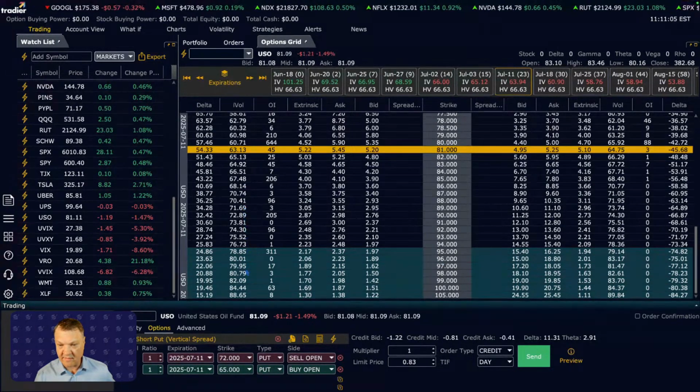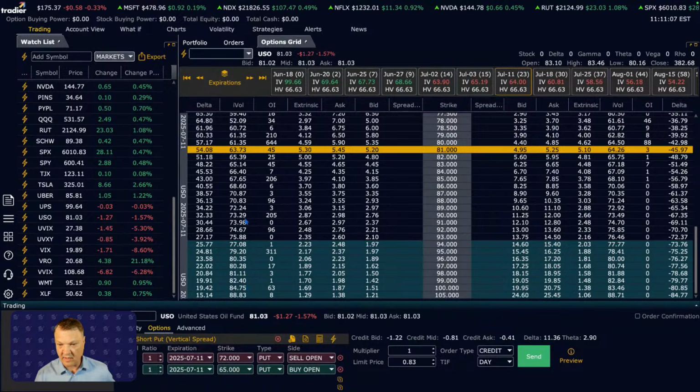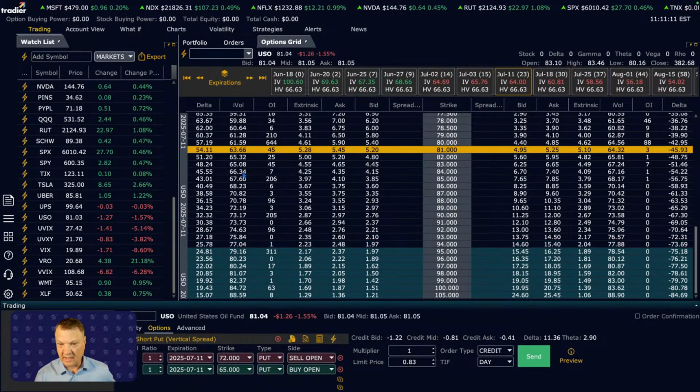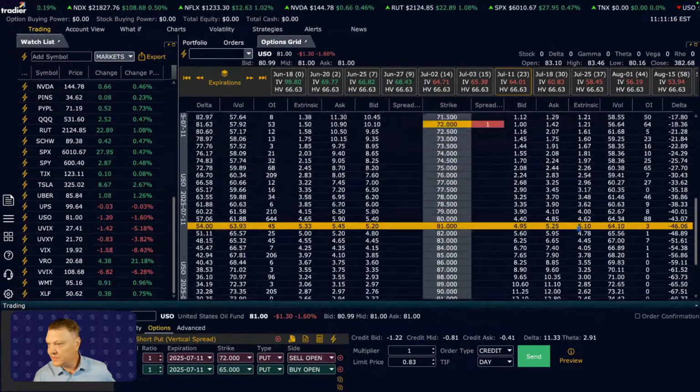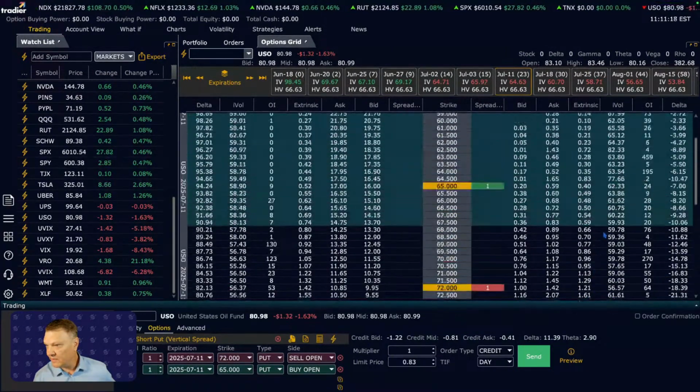So you have a skewing of volatility that is abnormal, where you usually get it on the put side of things. Let's see what's going on down there. 62, 64.